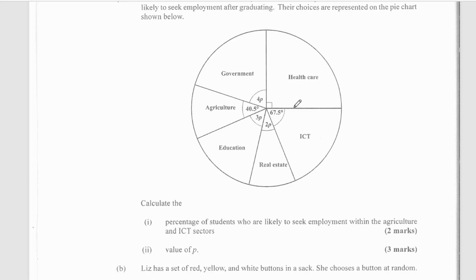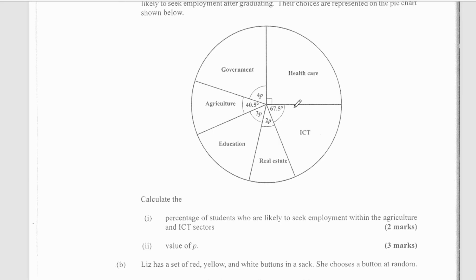All right, so let's see the first question here. Calculate the percentage of students who are likely to seek employment within the agriculture and ICT sectors. So they want a percentage within agriculture and ICT. Agriculture is 40.5 and ICT is 67.5, right? So we add 40.5 and 67.5.